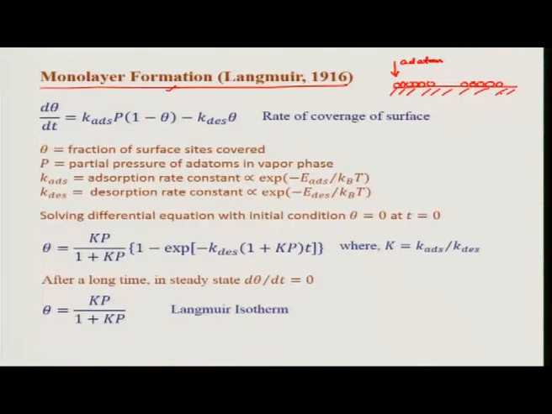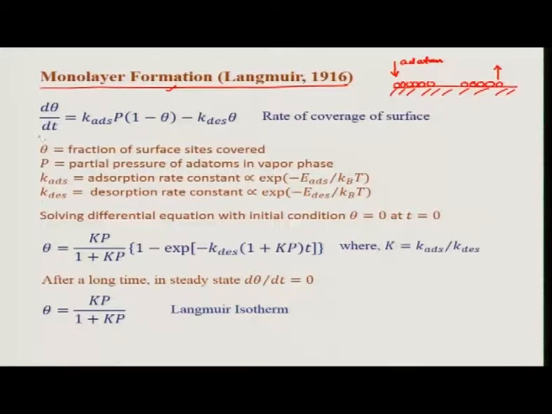Now, the rate of coverage, how fast a monolayer forms, will depend on several factors. First of all, if an adatom is being adsorbed on the surface, it is equally likely that it can also desorb. So, there is a competition between these two processes.